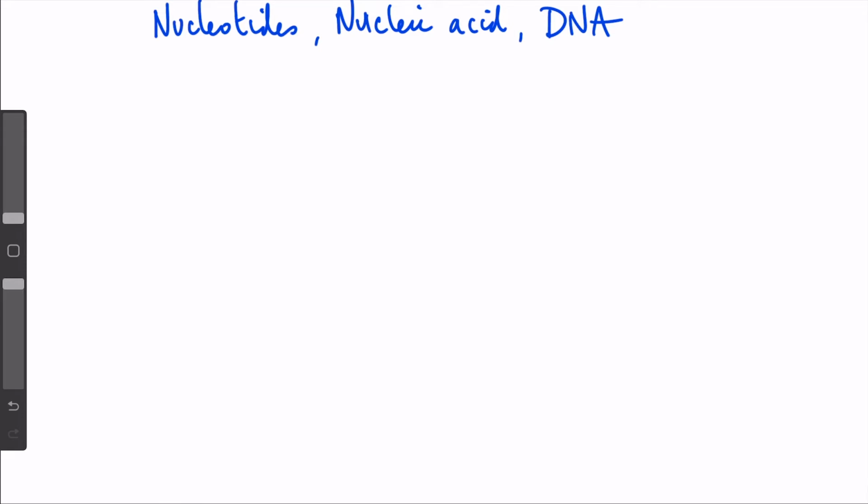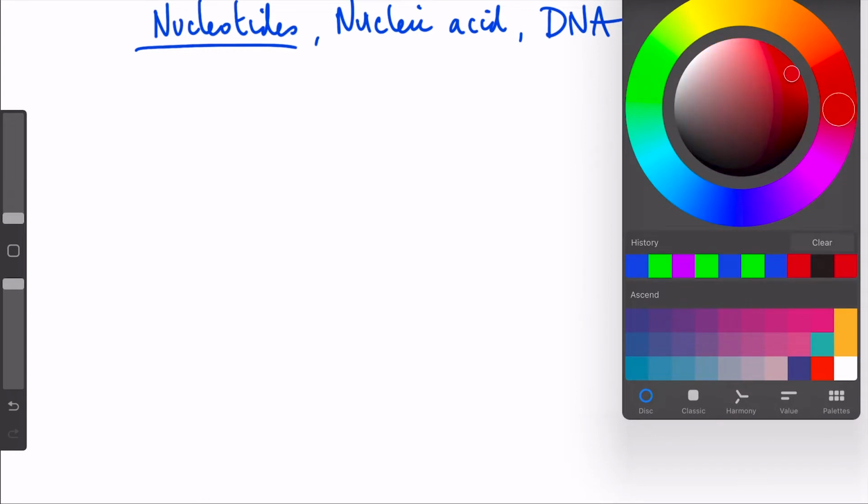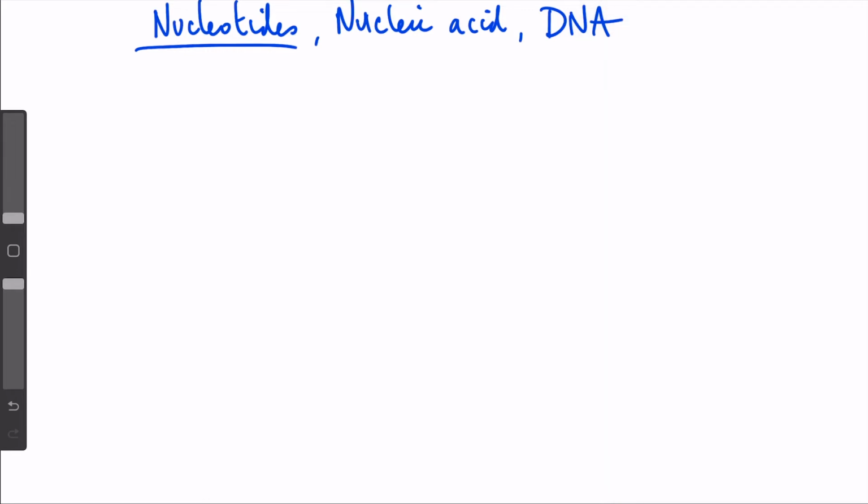But now we're talking about the fourth, which is that of nucleotides. Now we're going to talk about nucleotides, nucleic acid, and DNA. So, first thing we need to take a look at is what exactly are they? When we spoke about the other macromolecules, we said what elements they are made out of. So when we look at nucleotides, nucleic acids, and DNA, they are made up of carbons, hydrogens, oxygens, nitrogens, and phosphorus.